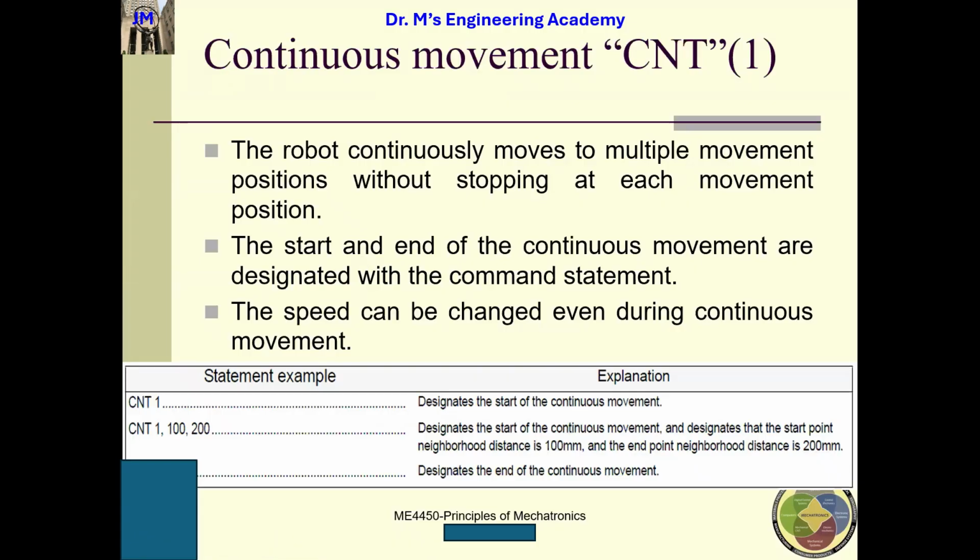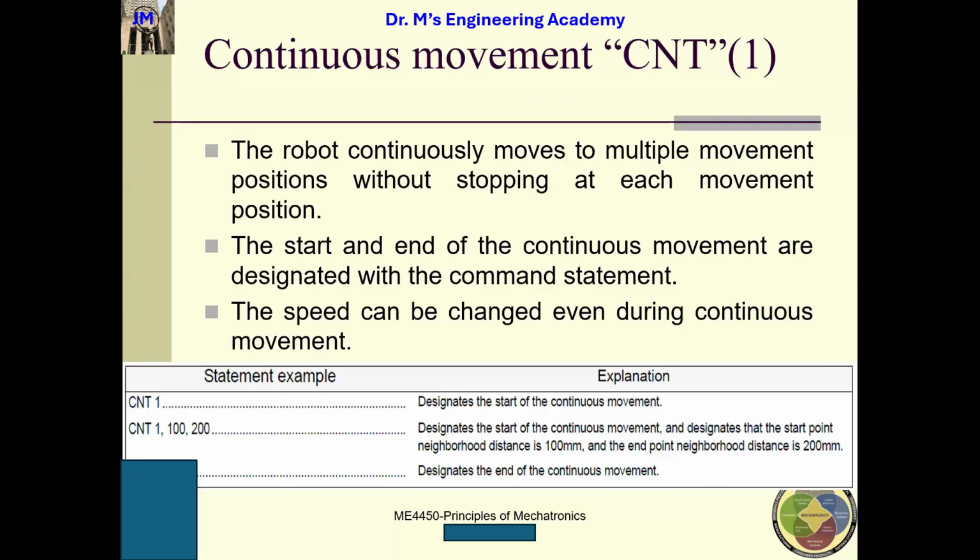So the robot continuously moves to multiple movement positions without stopping at each movement position. And you can see here, when you write the program and run your program, written in the CNT, you will know how useful the delay command will be.